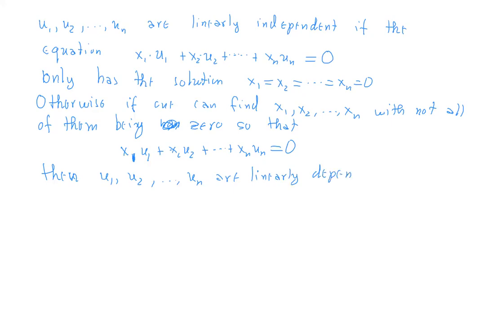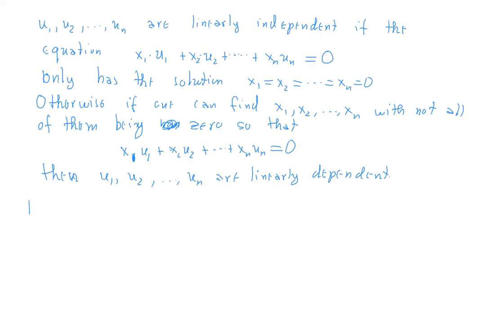So in other words, for linearly independent vectors, no linear combination of them can be 0 unless all the coefficients are 0. I repeat, no linear combination.